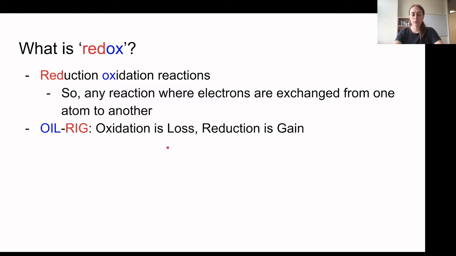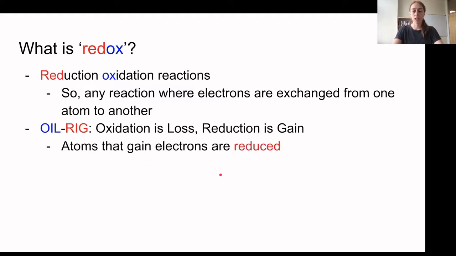One way you can remember it, you've probably heard lots of different acronyms, but one that we'll use regularly is OIL RIG, which stands for oxidation is loss of electrons and reduction is gain of electrons. So you can always come back to that. Once you memorize that acronym, you'll be able to figure out which is the oxidized component of the reaction and which part is the reduced component.